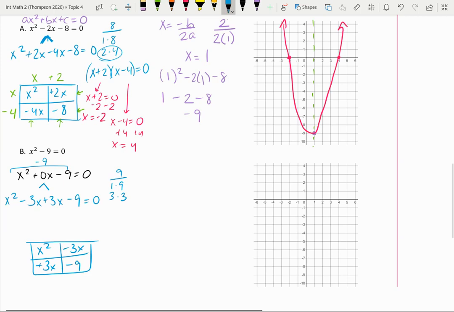Right in the box. Take out all the GCFs from each set of columns and each set of rows.